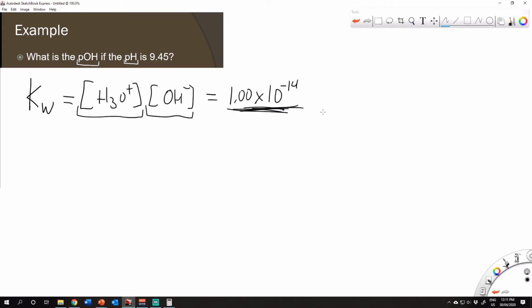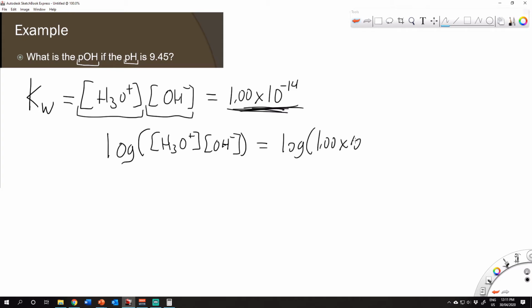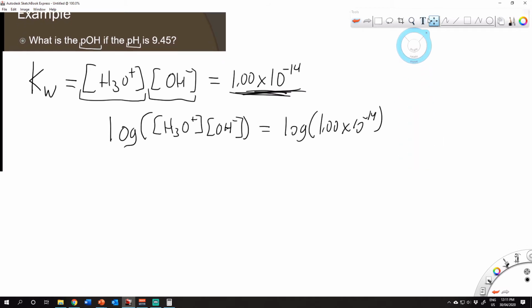Because we're just talking about logarithms. Well, if you recall, let's say I take the logarithm of both sides. So here I am taking the logarithm of the concentration of H3O plus times the concentration of OH minus, and then I have to take the logarithm of this side, 1.00 times 10 to the negative 14. I can apply that logarithm rule I mentioned earlier and say the following.